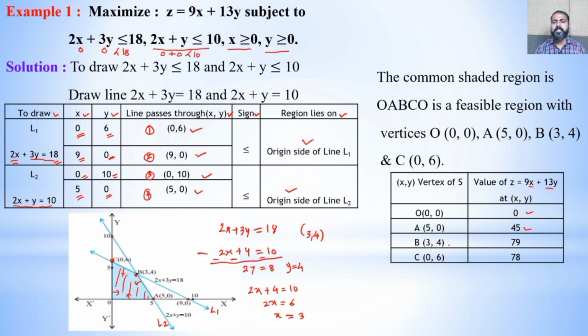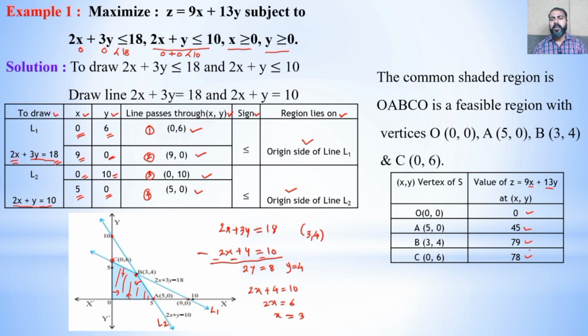For third vertex B (3, 4), put x is equal to 3 and y is equal to 4, we get z is equal to 79. And for the last vertex C (0, 6), put x is equal to 0 and y is equal to 6, we get z is equal to 78.